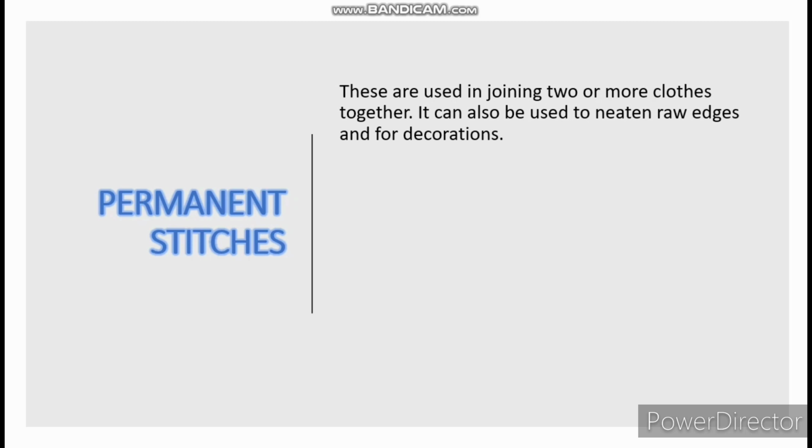What is permanent stitching? Permanent stitches are used in joining two or more clothes together. We can use it for knitting, rod edge, and for decoration.